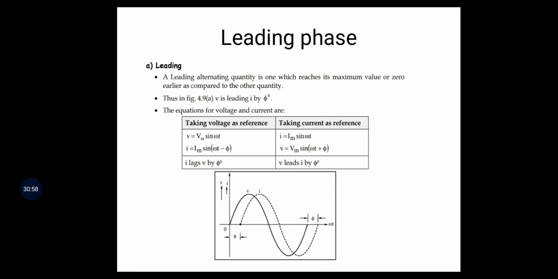Next, we are discussing leading phase, lagging phase, and in phase. First of all, leading phase. A leading alternating quantity is one which reaches its maximum value or zero earlier as compared to other quantities.